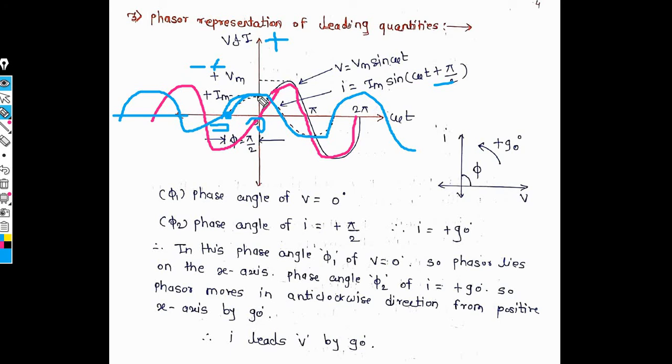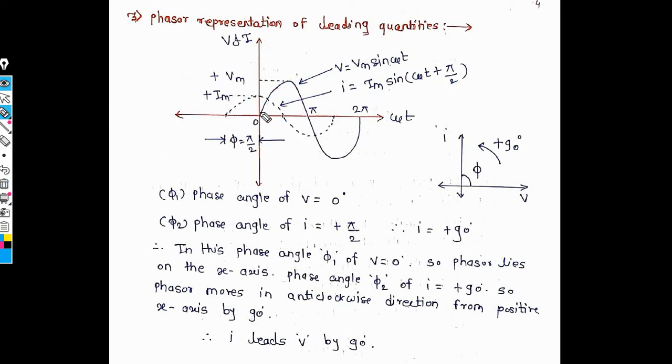Then we have considered a leading angle, that is, we add this angle to the voltage waveform. That means two angles are added, the first angle is voltage and the second angle is current. Adding in this quantity is called a leading quantity.